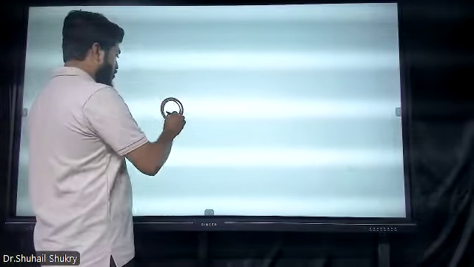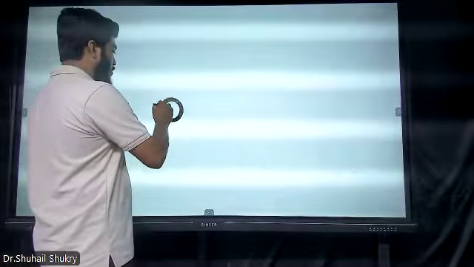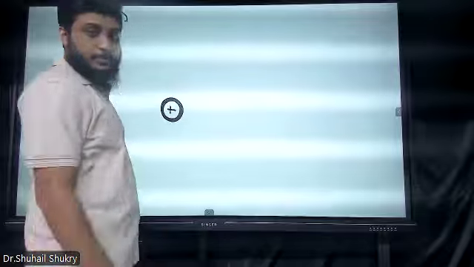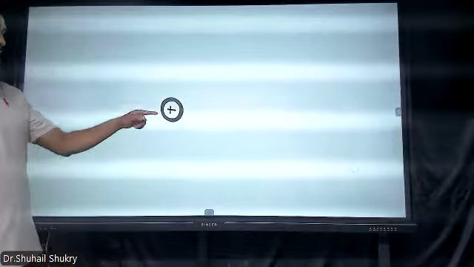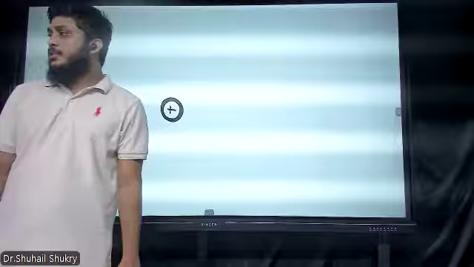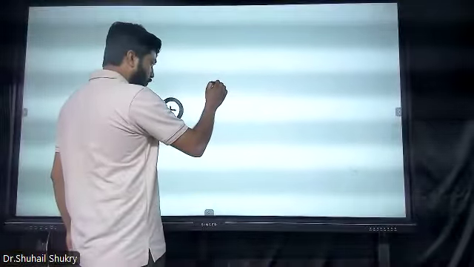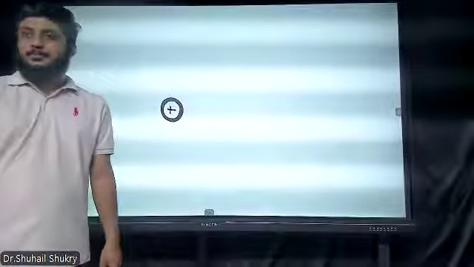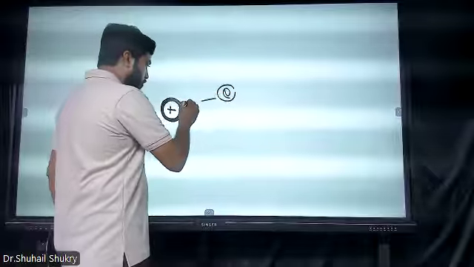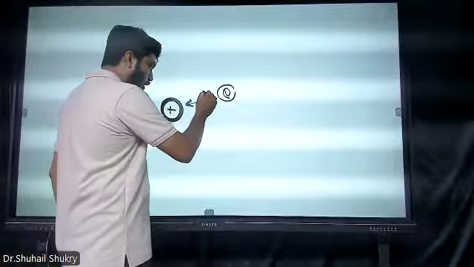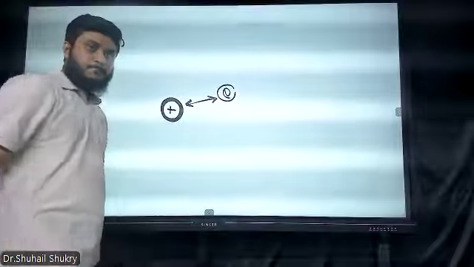I told you, if there is a nucleus, the positive nucleus, the electrons will move surrounding this positive nucleus. And when electrons move surrounding this nucleus, I told you there are many children and only one child. If there is only one child here, the attraction between this and this is very high.